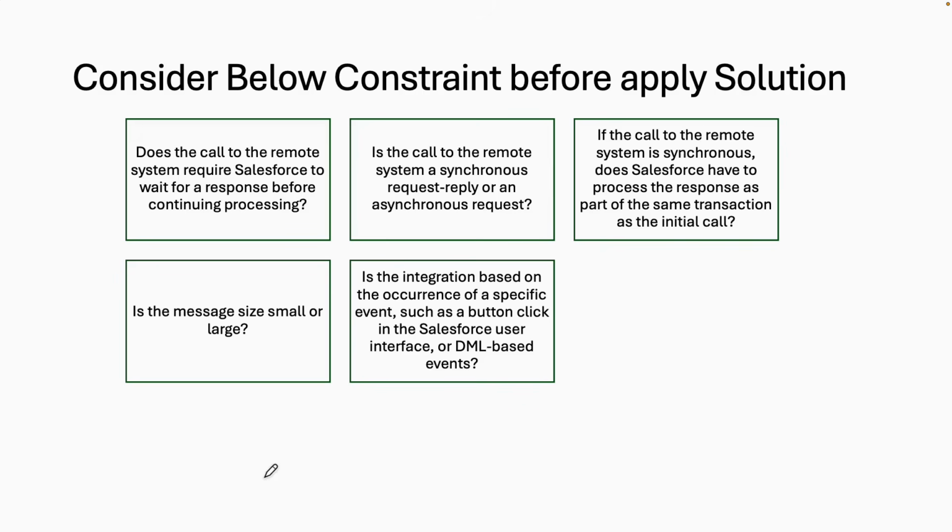Next: is the integration based on the occurrence of a specific event? Typically, we implement this kind of pattern whenever there is a business requirement that as soon as I click the button, the order should be created in the external system, and the order status should be updated in Salesforce. Whenever you have that kind of requirement, only then should you think about request and reply.